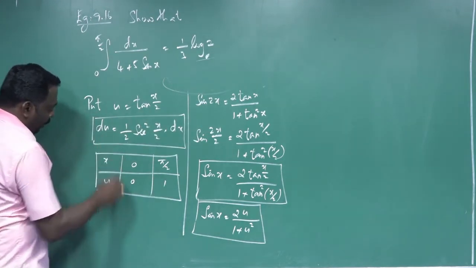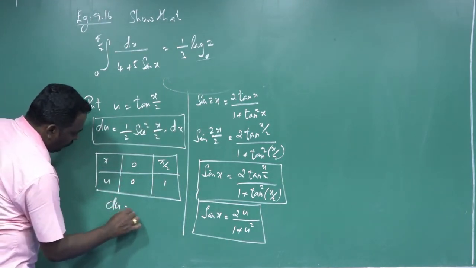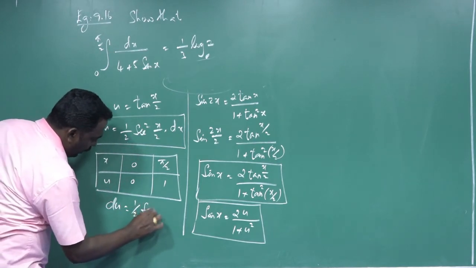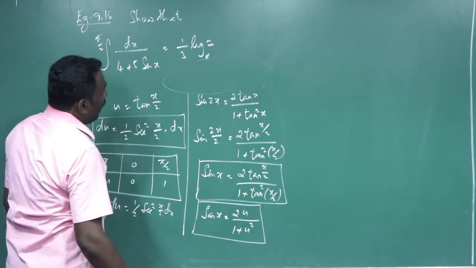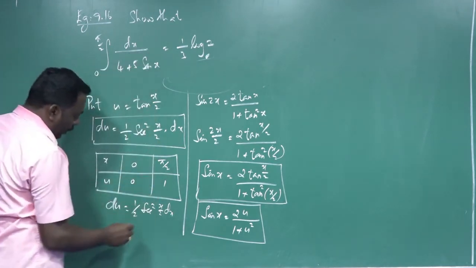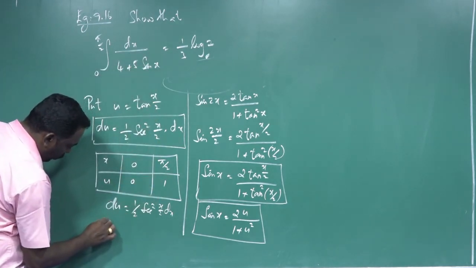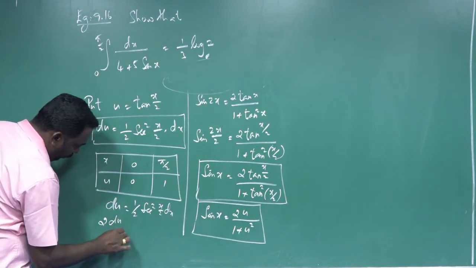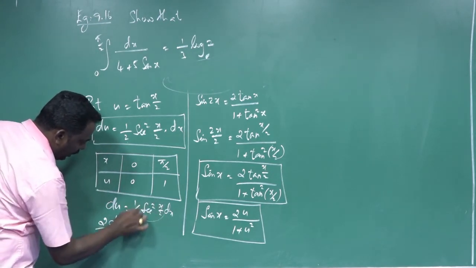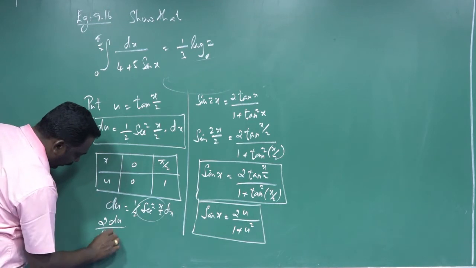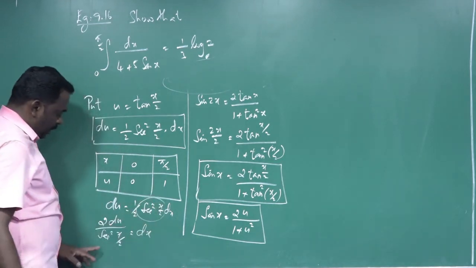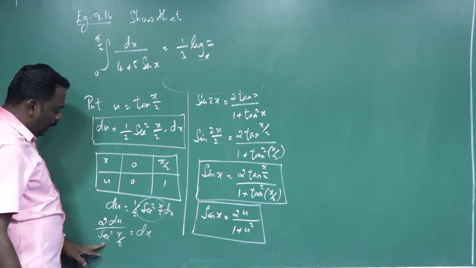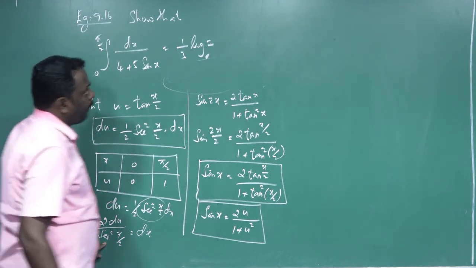Now come back to du, which is equal to 1 by 2 into secant square x by 2 into dx. We have to find the dx value, so multiply by 2 and divide by secant square x by 2, which is equal to dx. Now secant square equals 1 plus tan square.